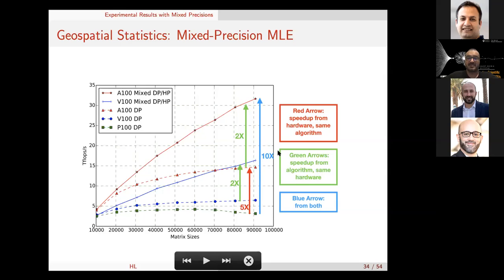This is 10x, an order of magnitude performance speedup. This is out of a single card, right? Out of a single card, we are able to get 32 teraflops. This is roughly 30 nodes of Shaheen. So this is really impressive, and we are really excited about it.